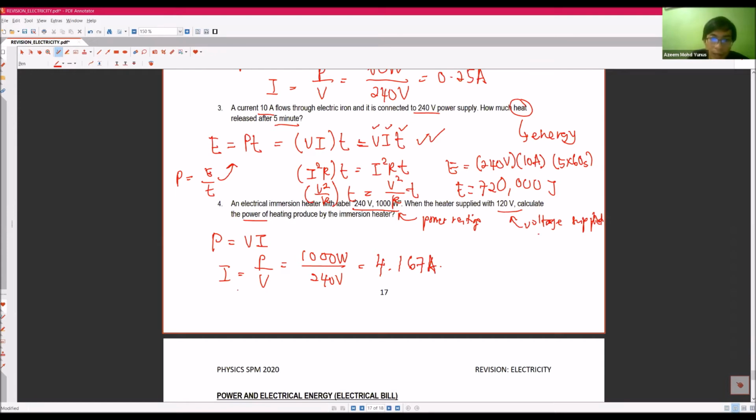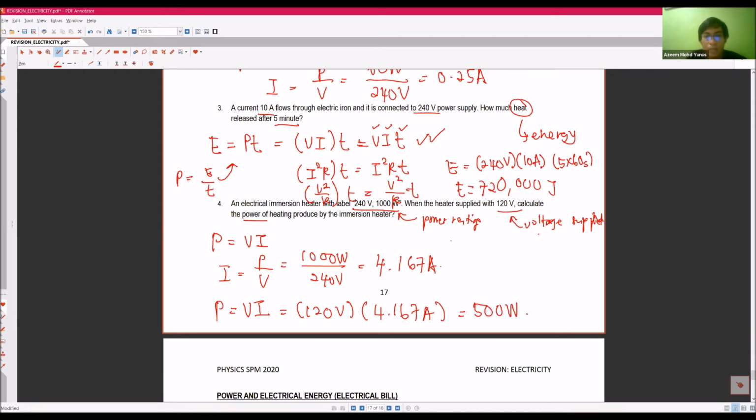Then we can use our I here to calculate the new P, which is 120 volt times 4.17 ampere. So we got 500 watts.